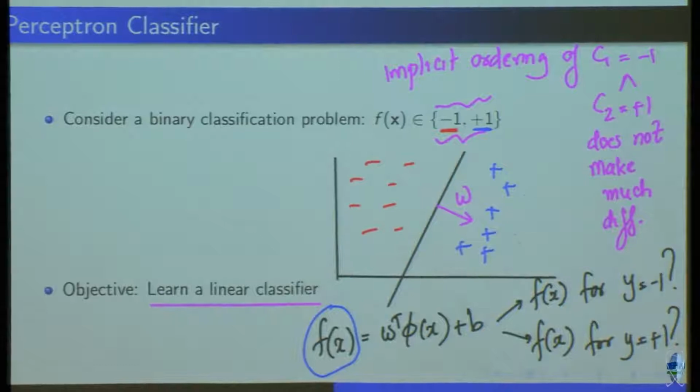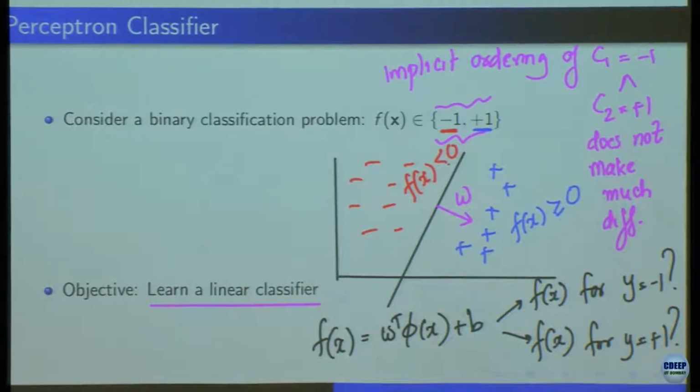So this fx for the positive points, what do you expect this to be? Greater than or equal to 0. Here fx will be less than or equal to 0. Now we can break ties arbitrarily and say anything lying on the line belongs to the positive class. We don't want to live with ambiguity in the definition. So does this make sense?